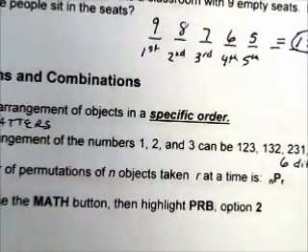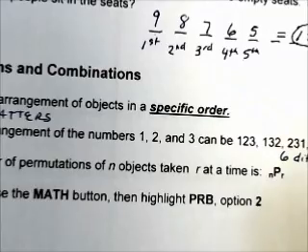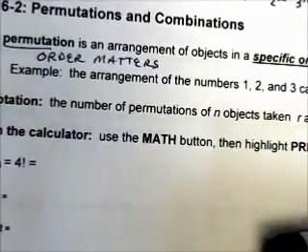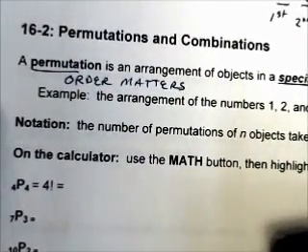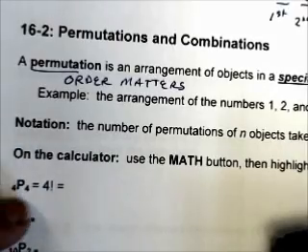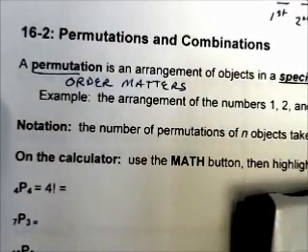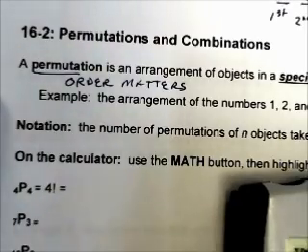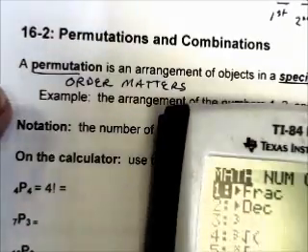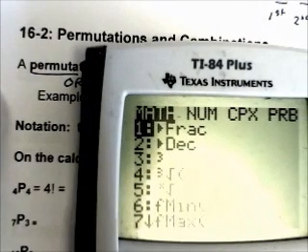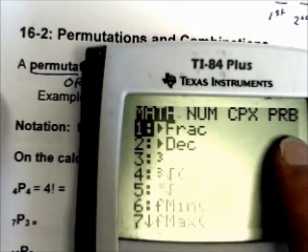On the calculator, we use the math button. So if I want to key in 4P4, we enter math, and then we have to go over to probability. Let's see if I can get this in here. So I just hit the math key beneath the green alpha key, and now probability is here.